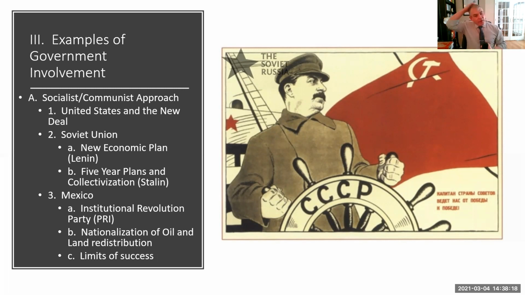And then lastly, we go to Mexico. So we've been talking about the Mexican Revolution of 1910. And a new political party forms called the International Revolution Party, or the PRI, which I imagine is the initials of the Spanish version. And the PRI is going to emerge as a party dedicated to preserving the ideals and goals of the revolution.